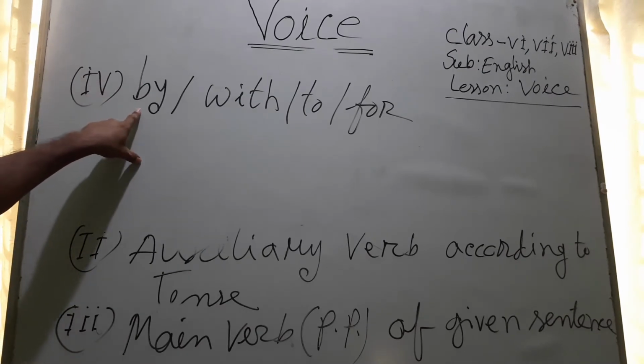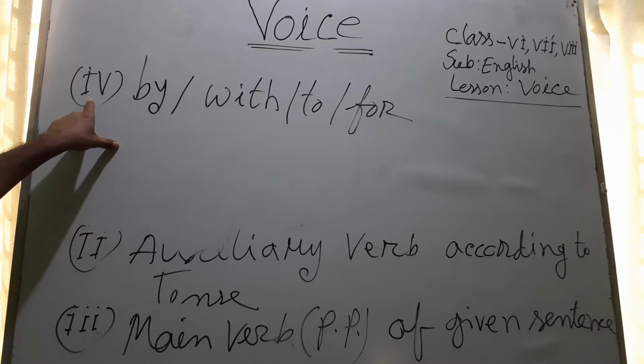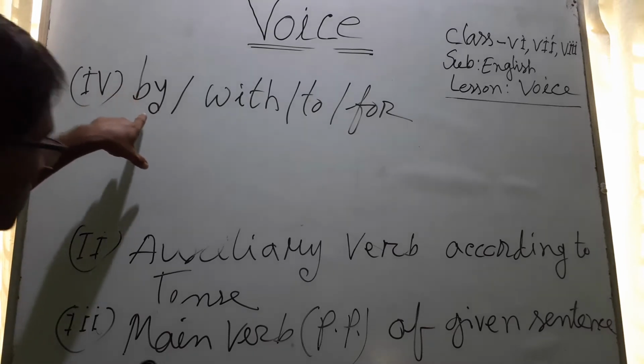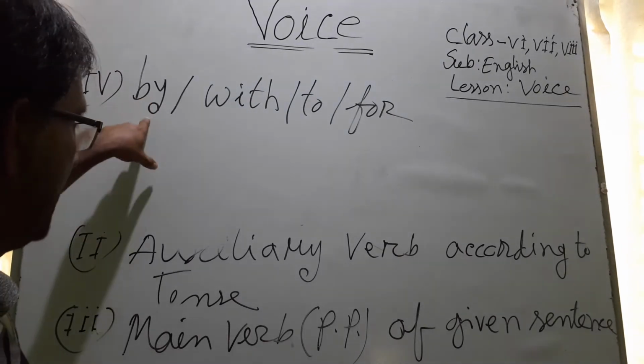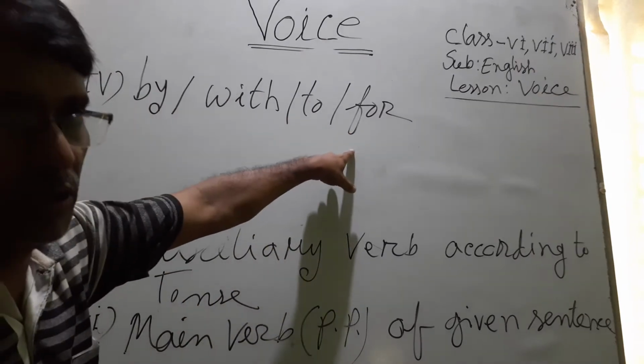You should write number 4 in the fourth step. A preposition should be written: by, with, to, for.